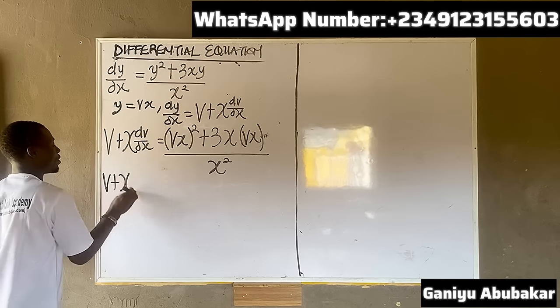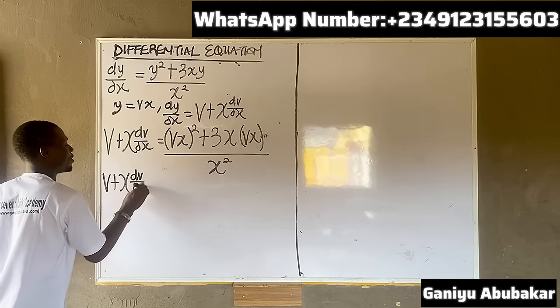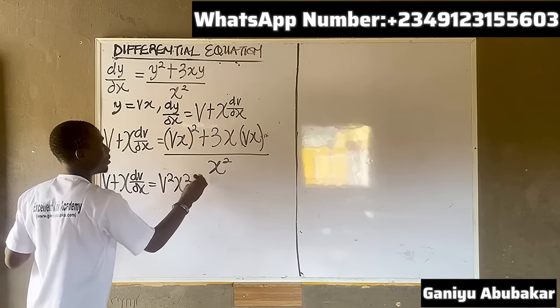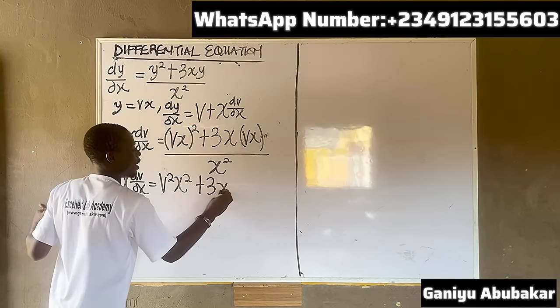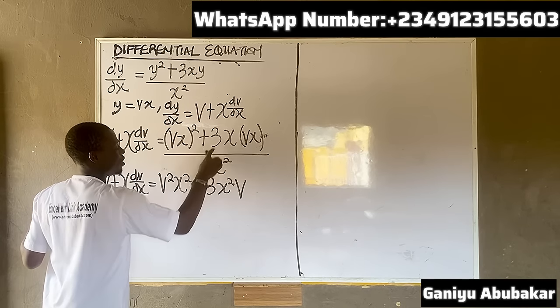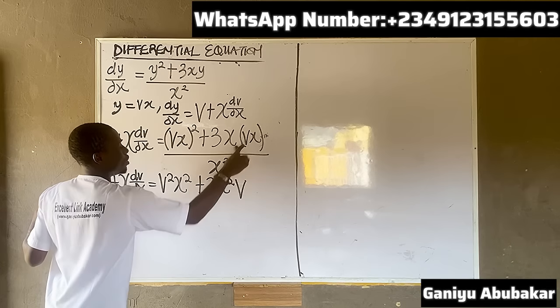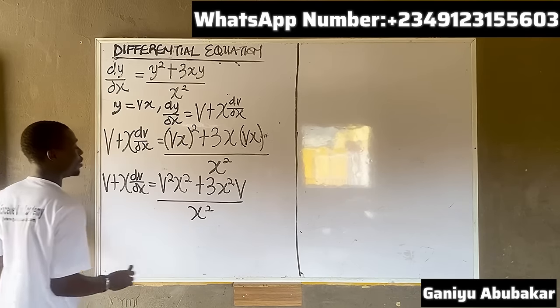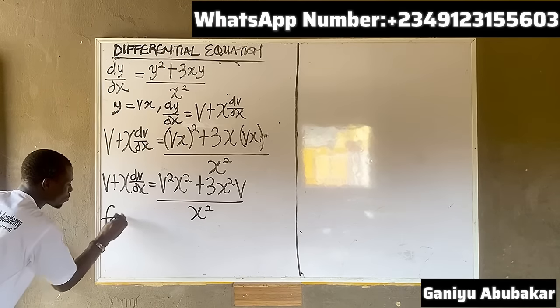So v plus x dv/dx is equal to v squared x squared plus 3x squared v, all over x squared. What am I doing here? Factorizing.